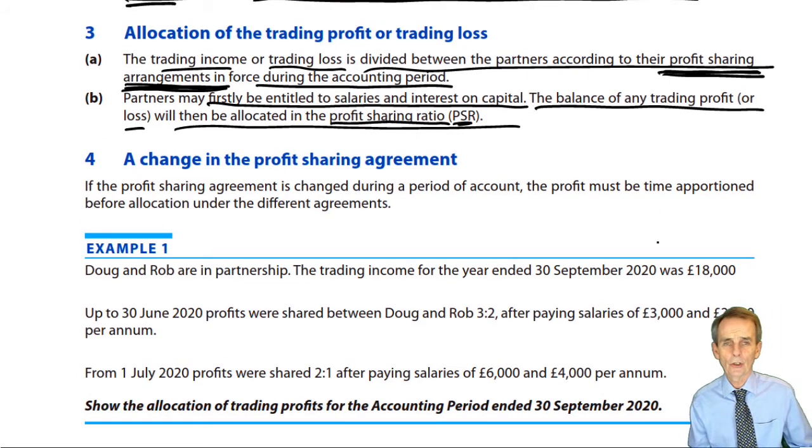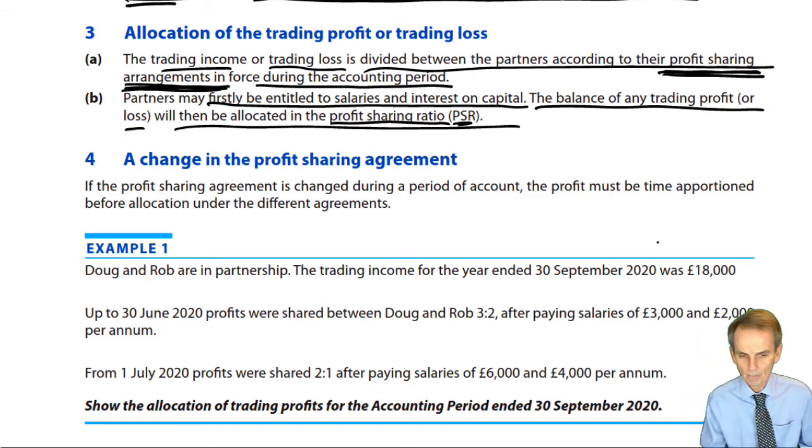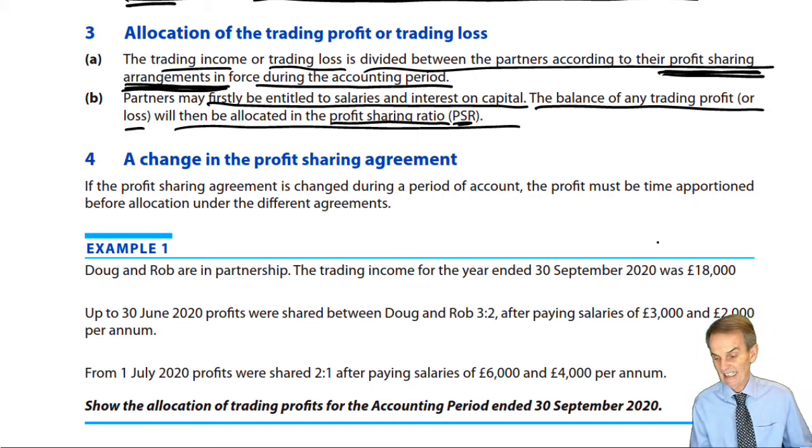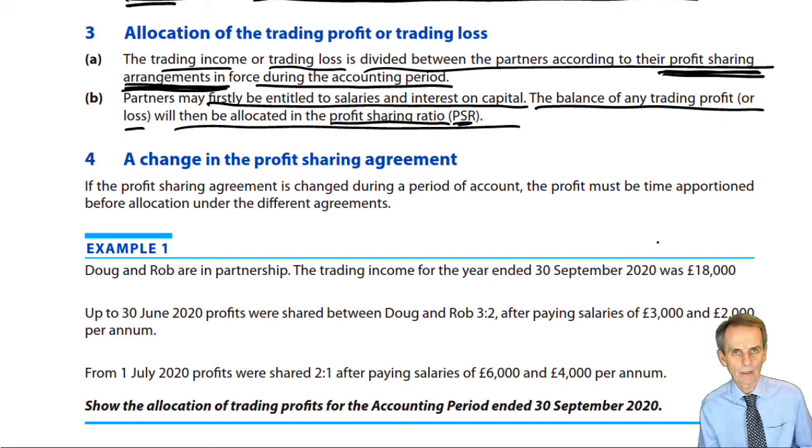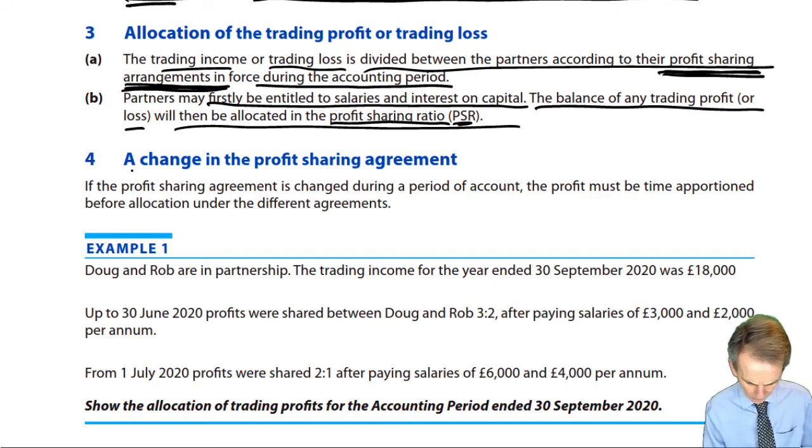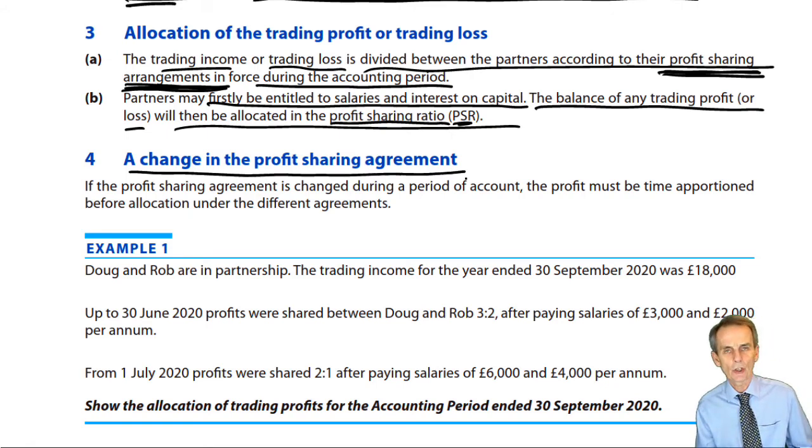Now, the sort of question that you would get to make life more interesting than just another version of what you've done in accounting is, of course, a change in the profit sharing agreement taking place during the accounting period itself.